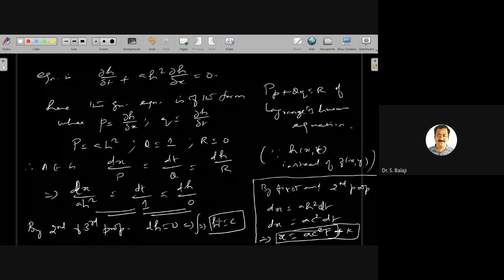Here h is equal to constant, that is one thing. Then x is equal to a c square t plus k, but already c is h here.